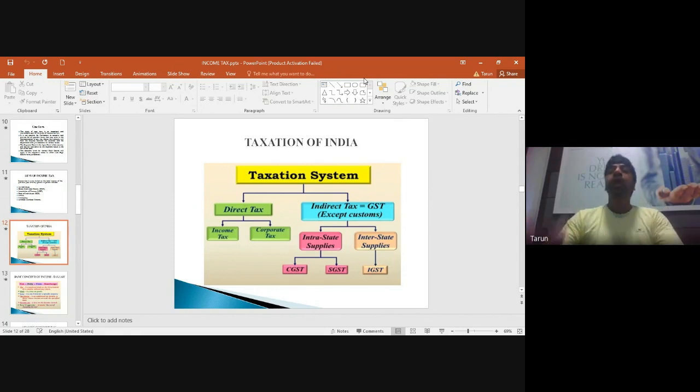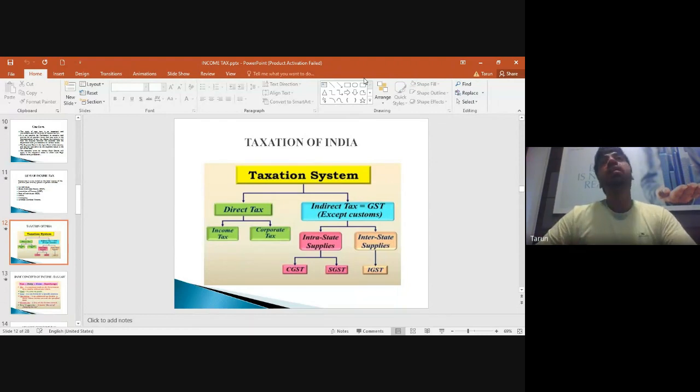Right? So now, intrastate supply is categorized into two parts: CGST and SGST. CGST is the central goods and service tax. SGST is the state goods and service tax.